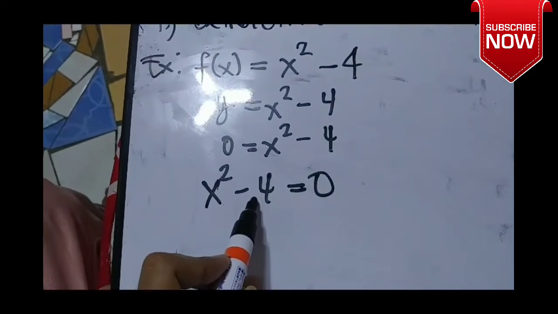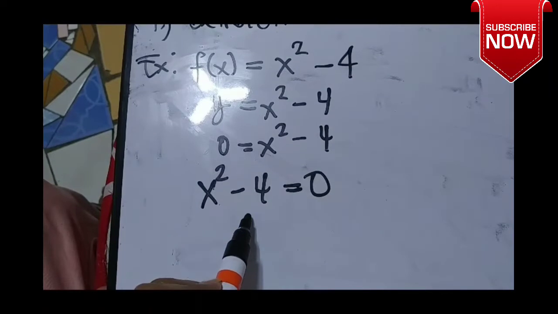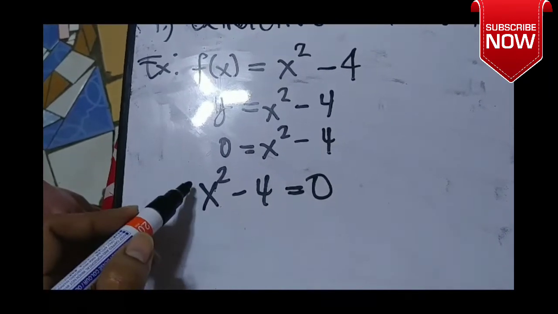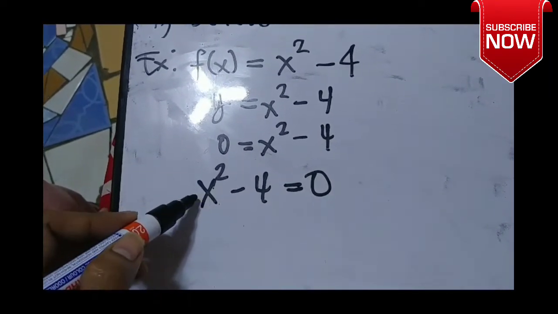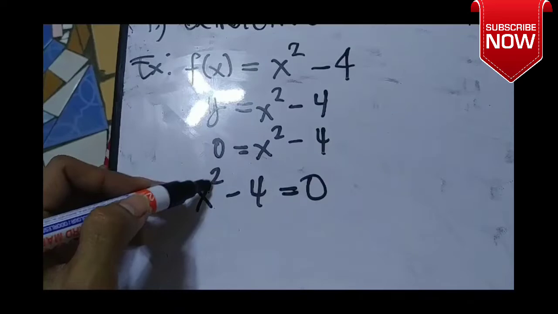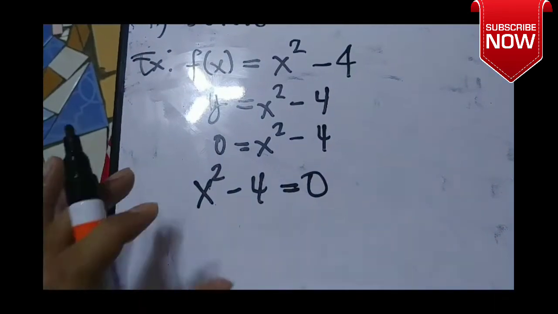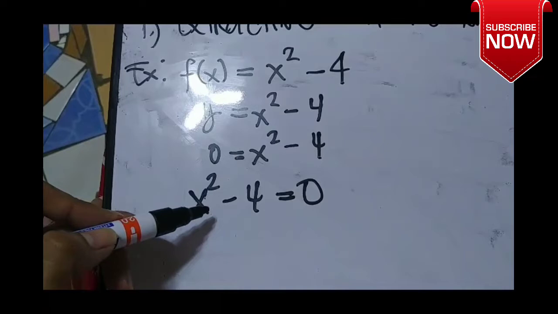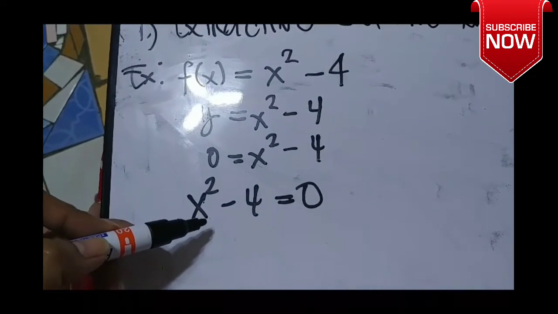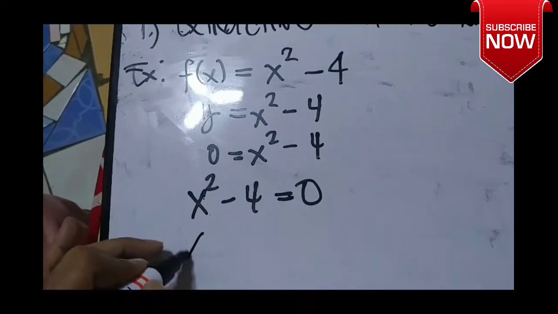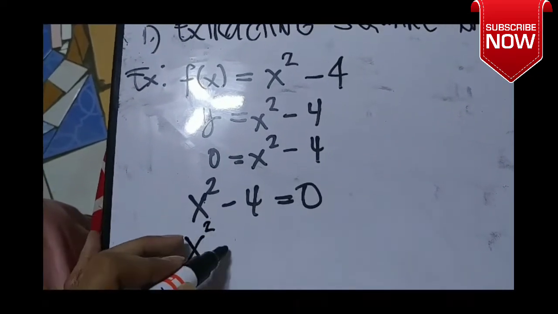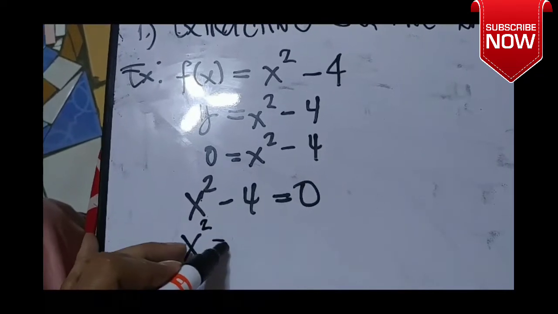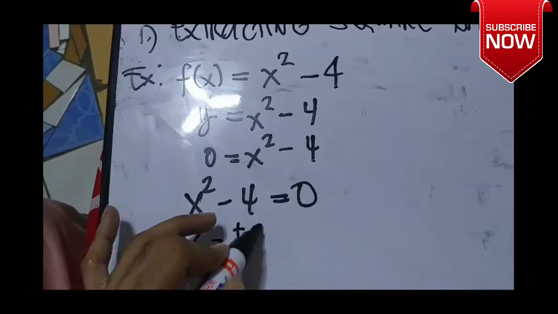Ang negative 4 na to, ito yung constant term. Tapos itong x naman na naka-raise into 2, yan yung quadratic term. And in this case, absent yung bx, which is the linear term. So, ita-transpose na natin yung negative 4 sa right side. So, magiging x squared is equal to positive 4.